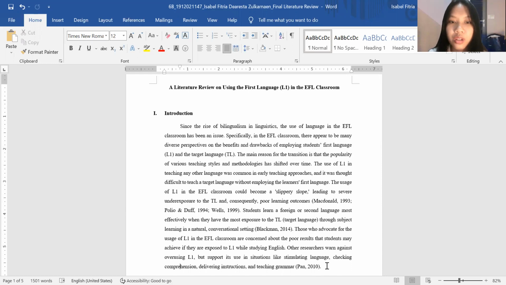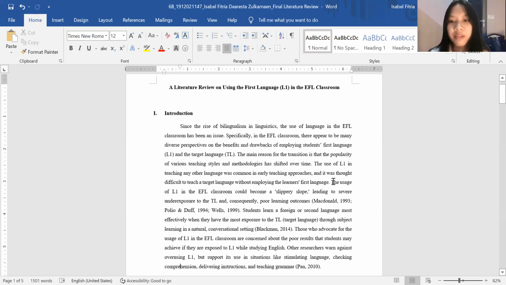Since the rise of bilingualism in linguistics, the use of language in the EFL classroom has been an issue. Specifically, in the EFL classroom, there appear to be many diverse perspectives on the benefits and drawbacks of employing students' first language L1 and the target language.